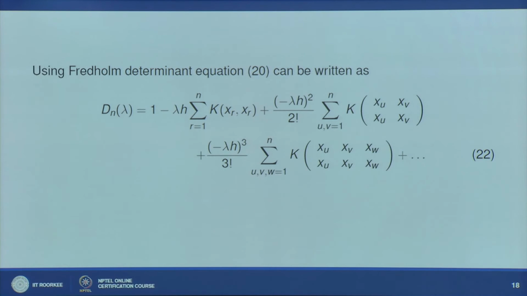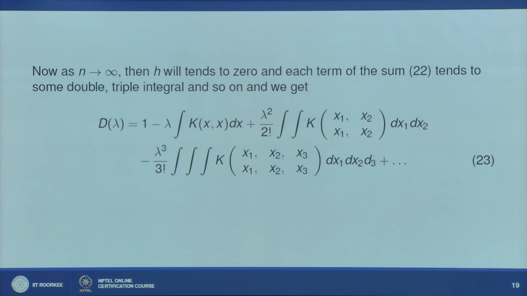So Dn(lambda) is given by this. In terms of Dn(lambda), we try to find the solution of the Fredholm integral equation of the second kind.